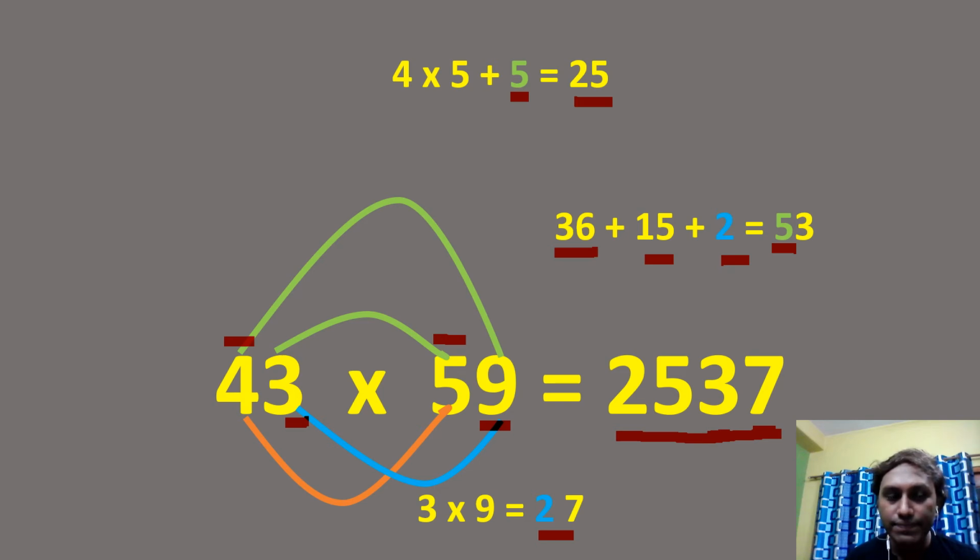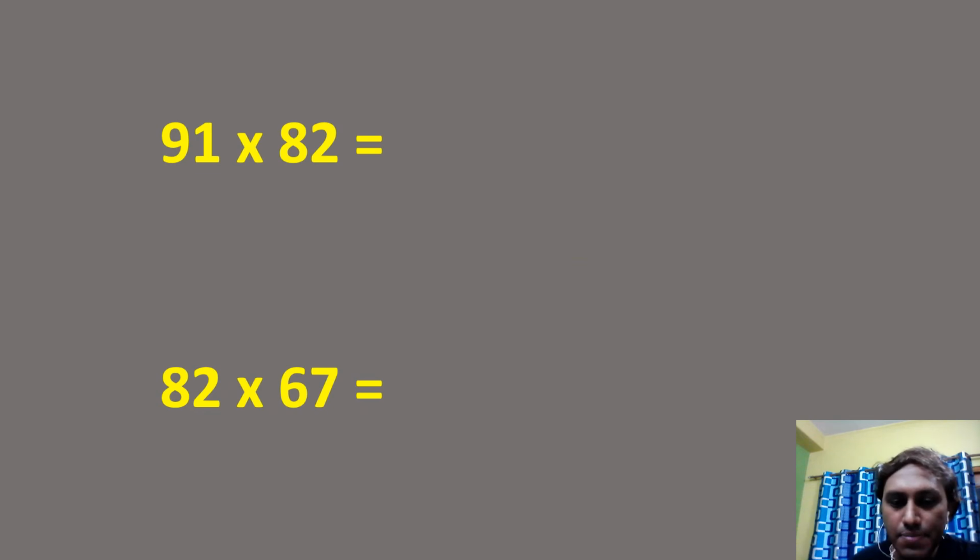Cool guys? Guys, let's multiply these two numbers with that approach now. So the steps are easy, right guys? First multiply the unit place, 1 into 2 is 2. You write 2. Then multiply inside number 1 into 8, outside number 9 into 2. 8 plus 18 is 26, so you write 6, 2 carry.